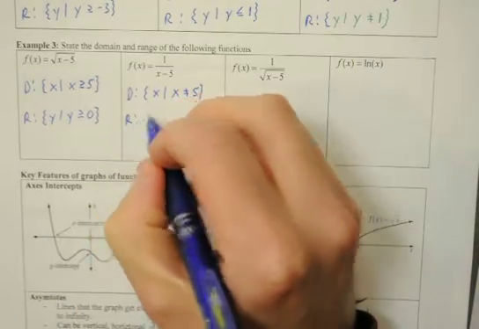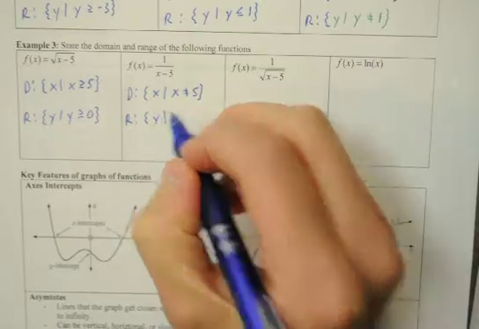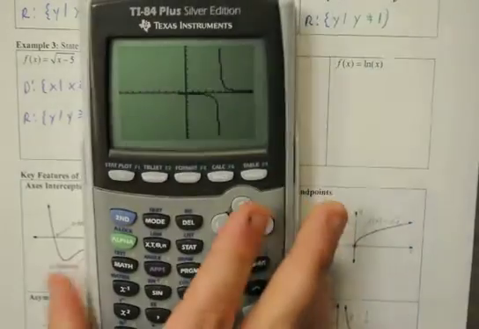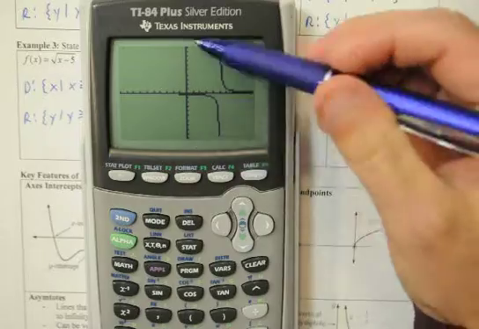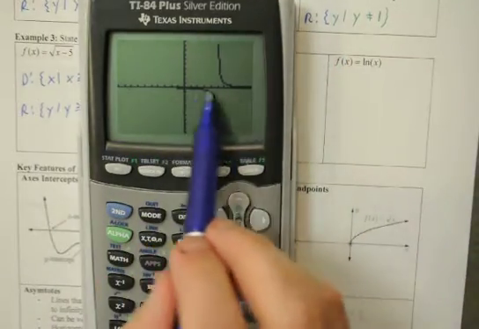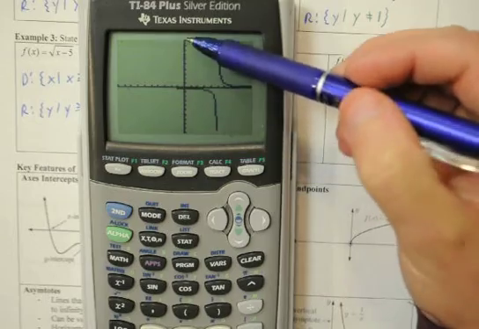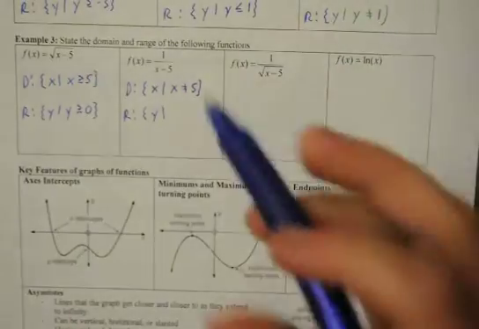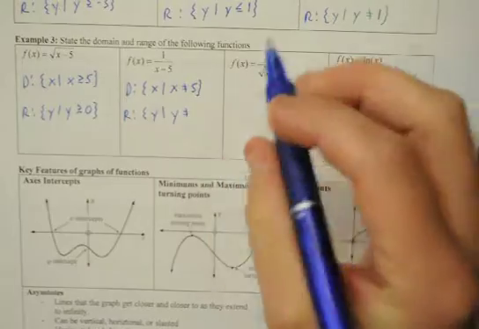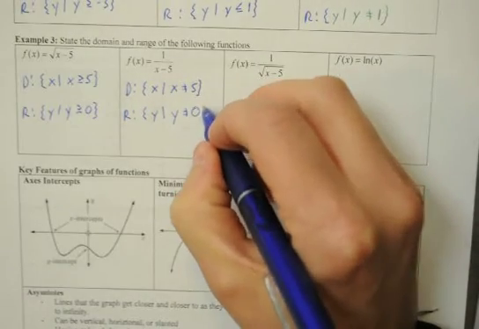The range is Y. As far as the up and down goes, you have to skip over 0. You can go up, you have to jump over 0, and then you can keep going up. So Y does not equal 0.